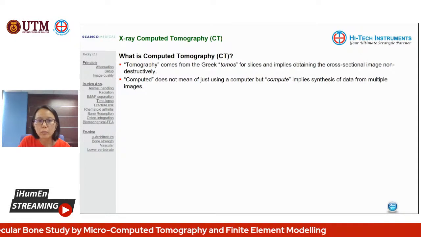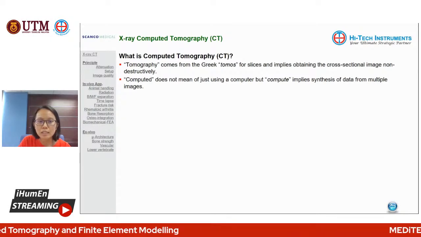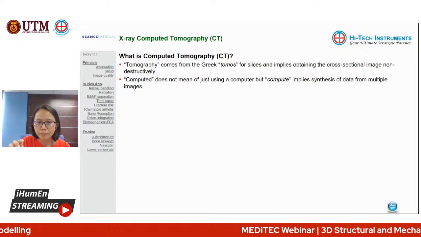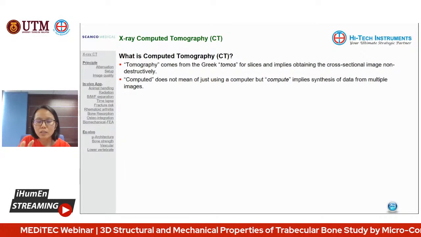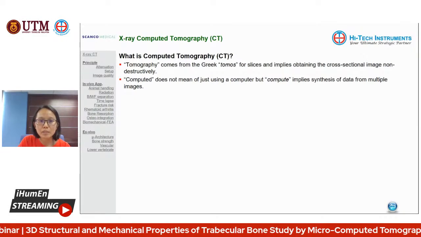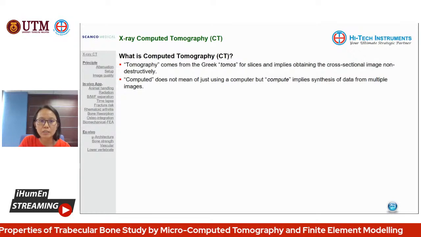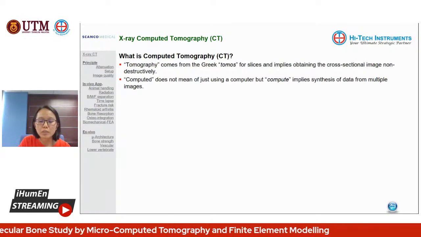So it fits very well for our X-ray CT. As for the computed part, most of us think it refers to a computer, but in CT it also means the synthesis of data, the generation of data from multiple images.